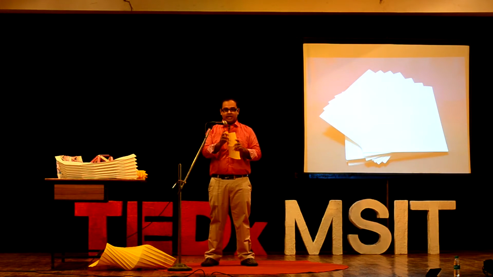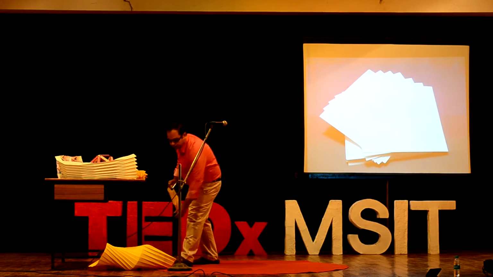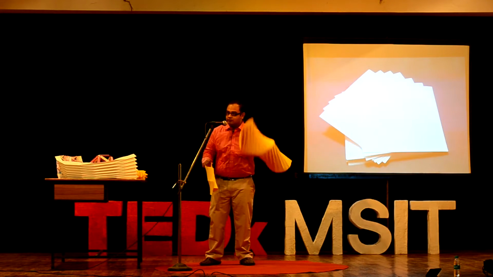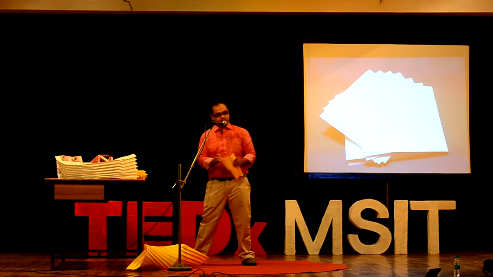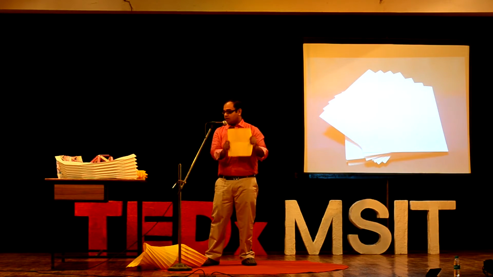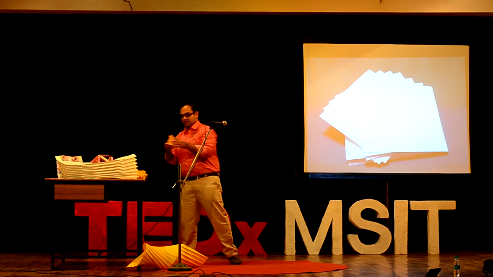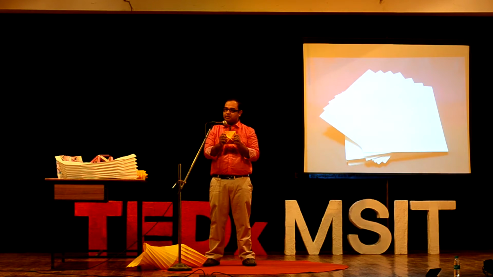So this too is a square sheet of paper. You have a larger version of this down here. Yeah, this is a square sheet of paper. This pyramid too is a square sheet of paper.